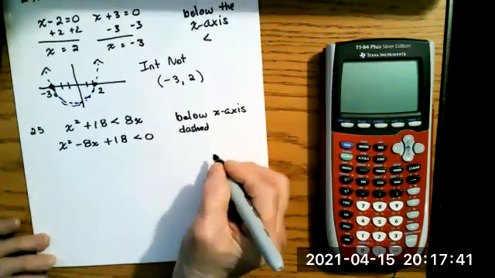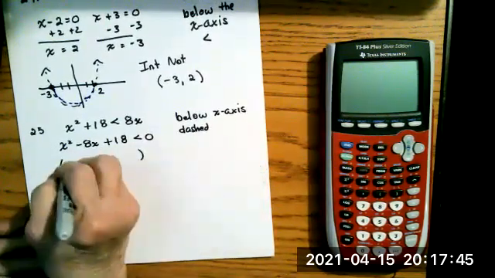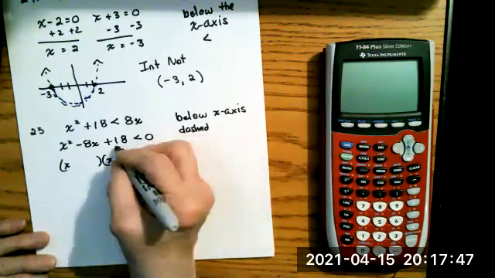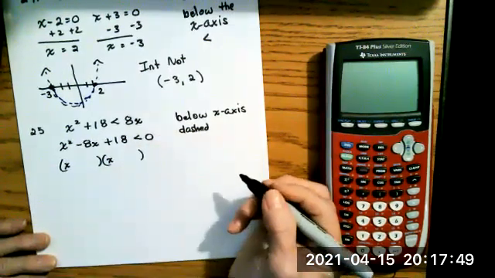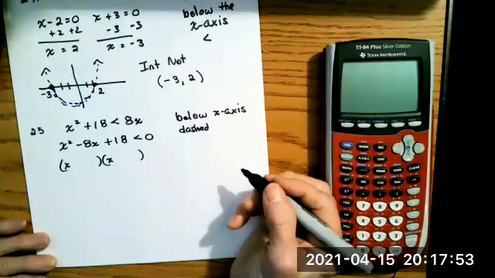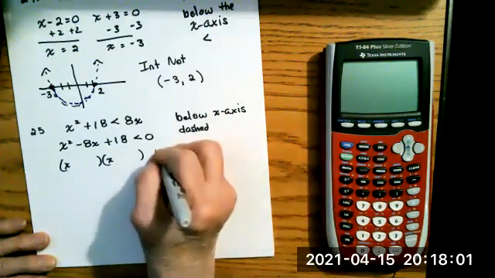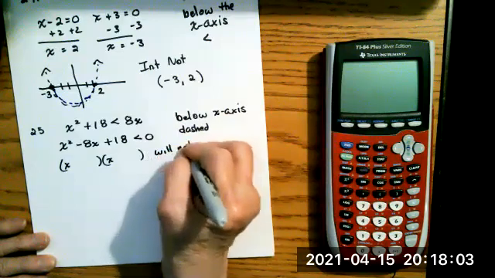So you need to factor this if it'll factor. So let's see if we can factor this. X and X. I have to add factors of 18 to get 8. 6 and 3 is 9. 9 and 2 is 11. 18 and 1, that won't work. This will not factor.